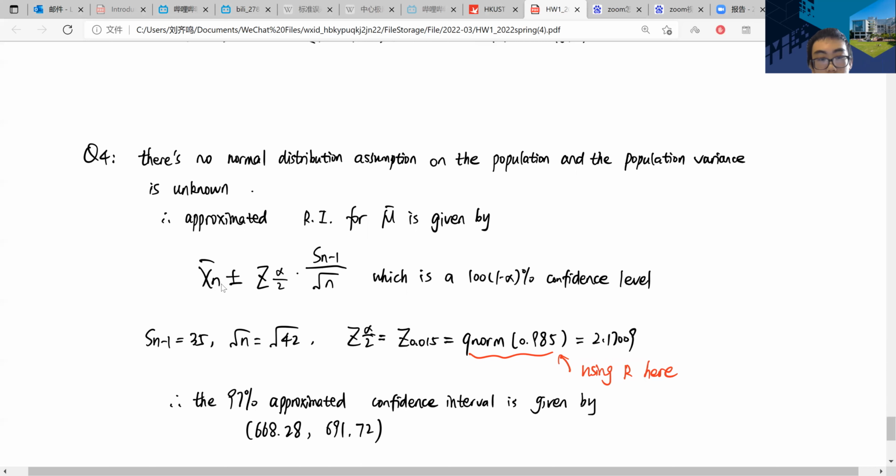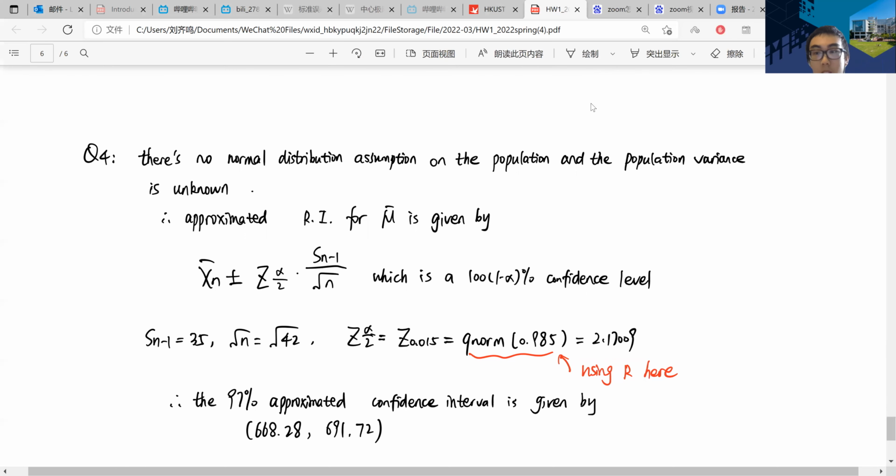So after plugging the qnorm into the z alpha divided by 2, I figured out the 97% approximate confidence interval. So that's all the explanation of these 4 problems.